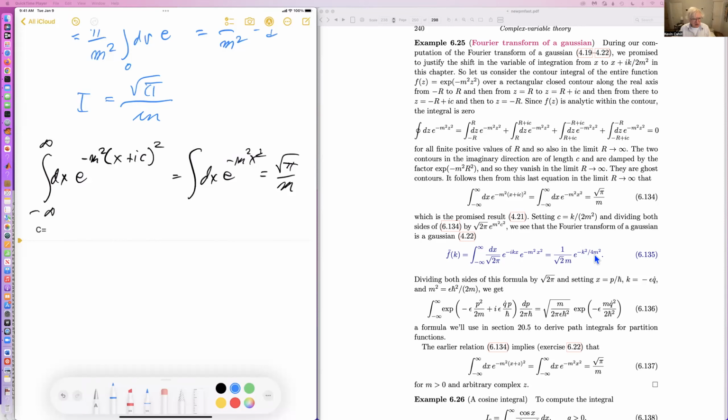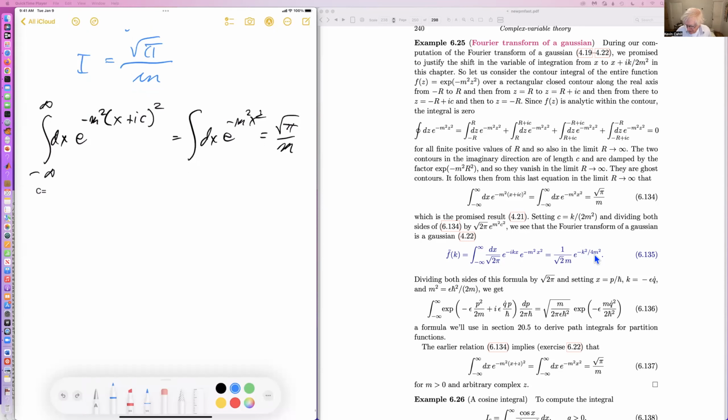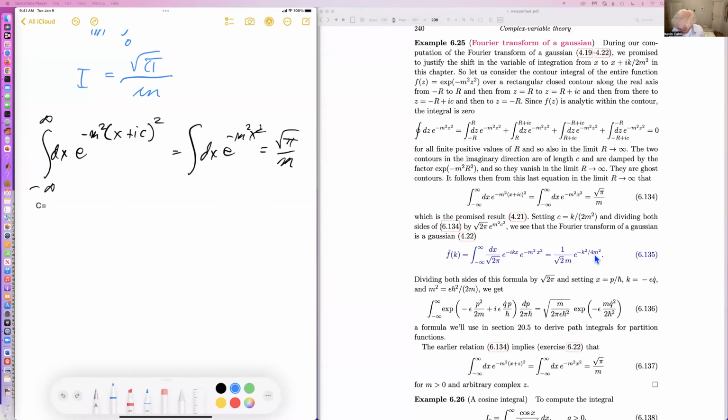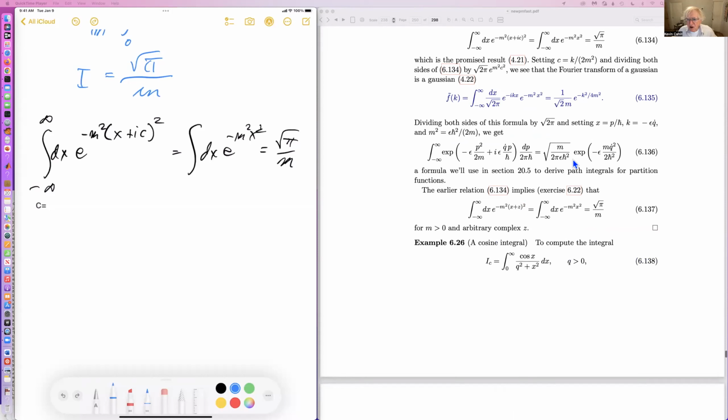So the Fourier transform takes you from one limit to the other. So we divide both sides by square root of 2 pi and so forth and change variables a little bit. Then we get an expression that comes up when one wants to do a path integral or a partition function.